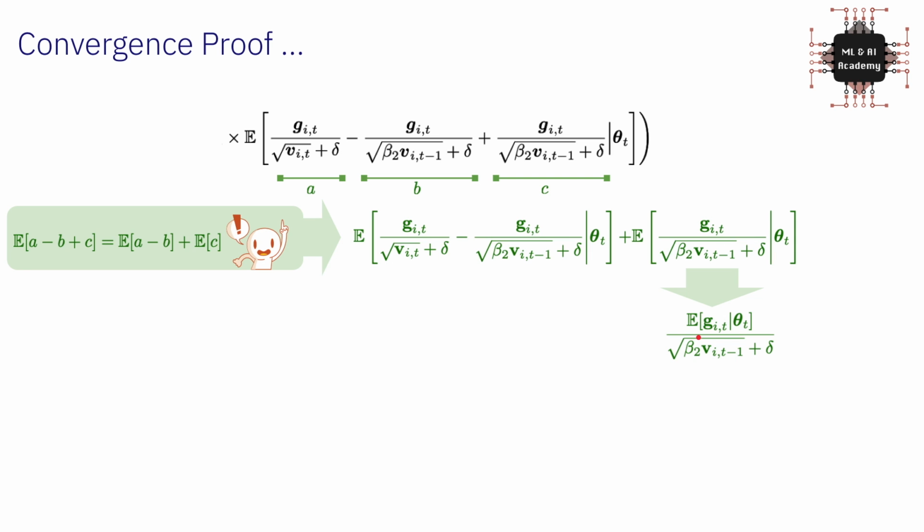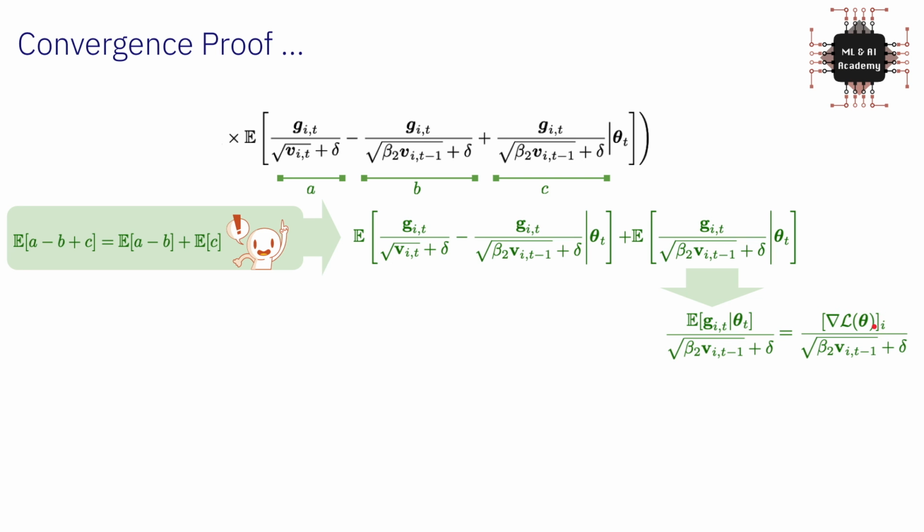But now what is E of G_{i,t} given theta t? Well, we know that, right? Because we have an unbiased estimator. So the expected subsampled gradient is nothing but the gradient. And that's why the G_{i,t}, or like the whole vector G, in expectation should give me the whole gradient of the objective. And now therefore the ith component of that is just the ith component of that gradient.